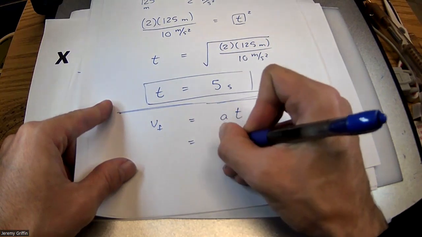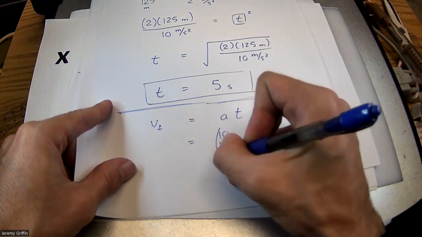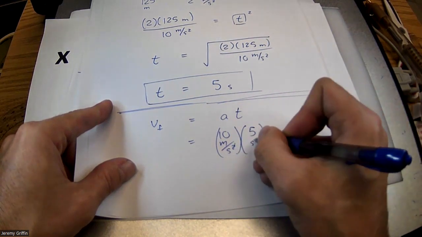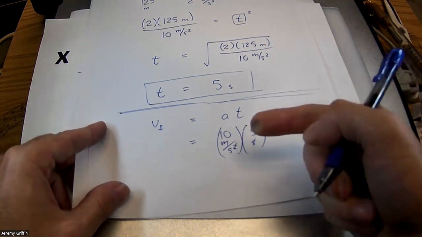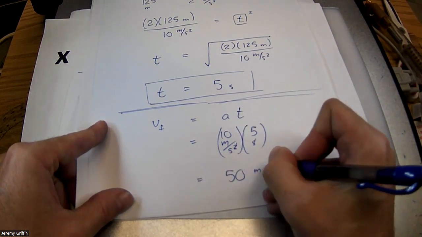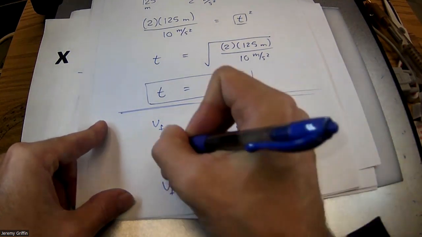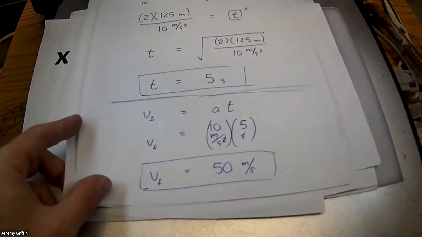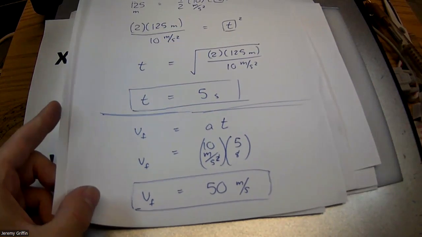We're doing 10 meters per second squared for 5 seconds. Seconds cancels. Well, one of the seconds cancels. Okay? Leaves you with meters per second. Hey, is that going to be 50 meters per second? Is that right? All right.